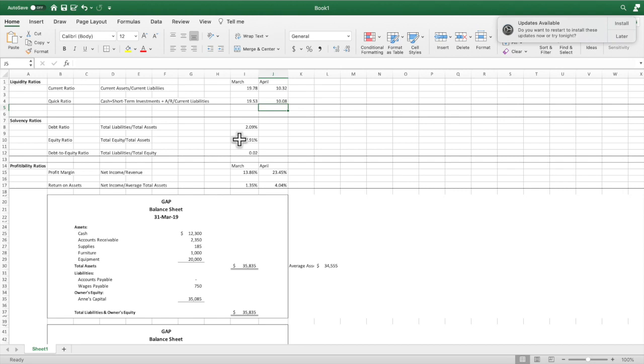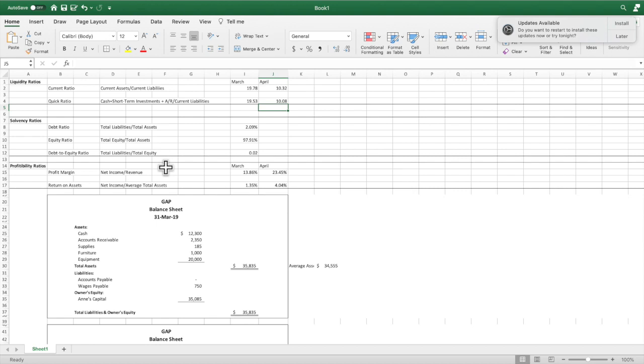Debt ratio, which is total liabilities divided by total assets. You can see here. Total liabilities divided by total assets. We have equity ratio is total equity divided by total assets. So how much equity to assets is owned. Debt to equity ratio is total liabilities divided by total equity, and it expresses the balance between liabilities and equity.